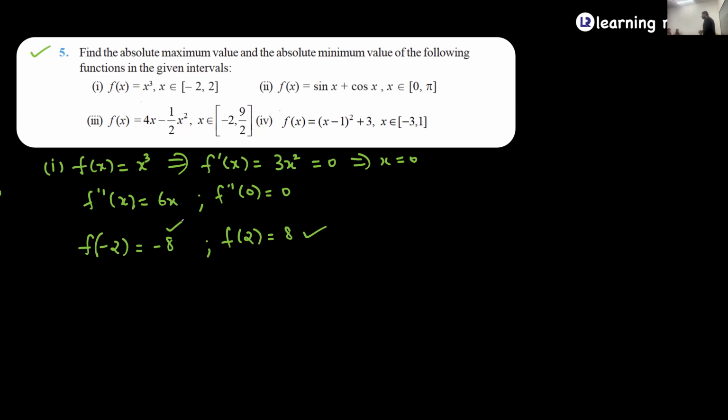Along with that, you need to check what the function value is at the extreme points also. Among those, whichever is greatest will be the maximum value, and whichever is least will be the minimum value. So in this problem, -8 is going to be the minimum value occurring at -2, and +8 will be the maximum value occurring at +2. Is the point clear? So make a note of it.